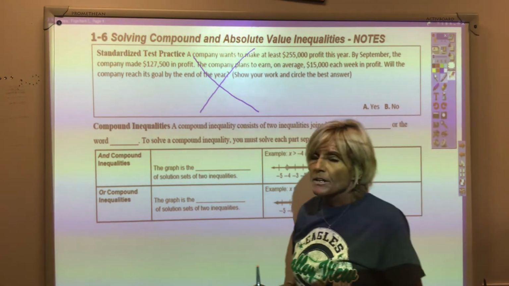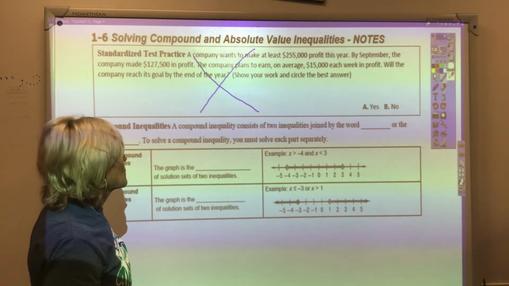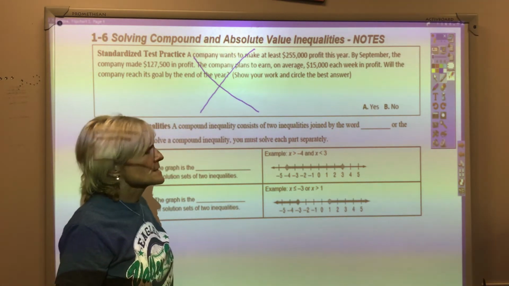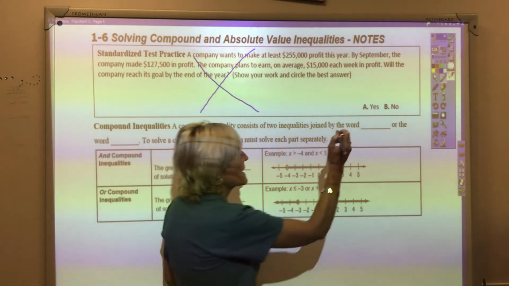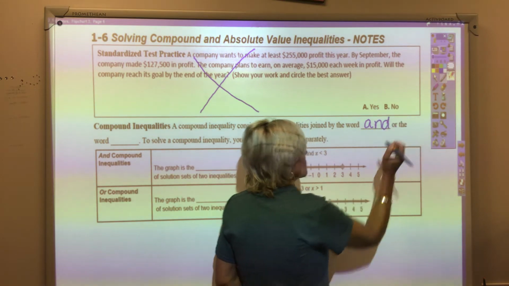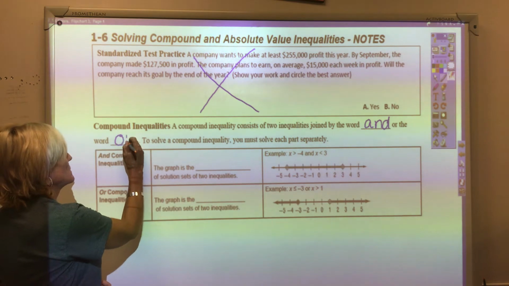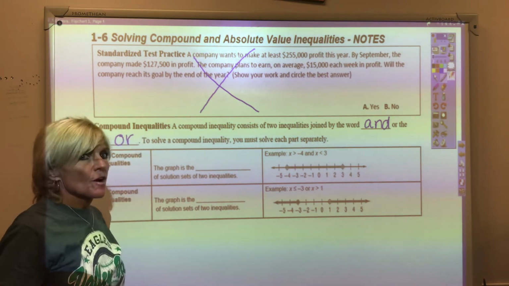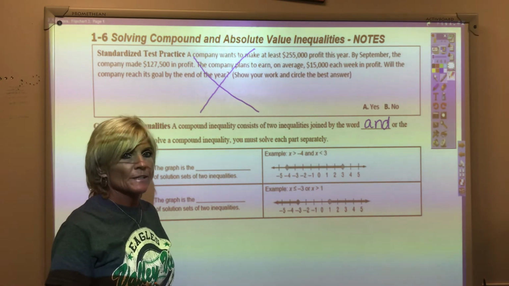Okay, so we're talking about compound inequalities first. Compound inequalities consist of two inequalities joined by the word "and" or the word "or." To solve a compound inequality, you must solve each side separately.